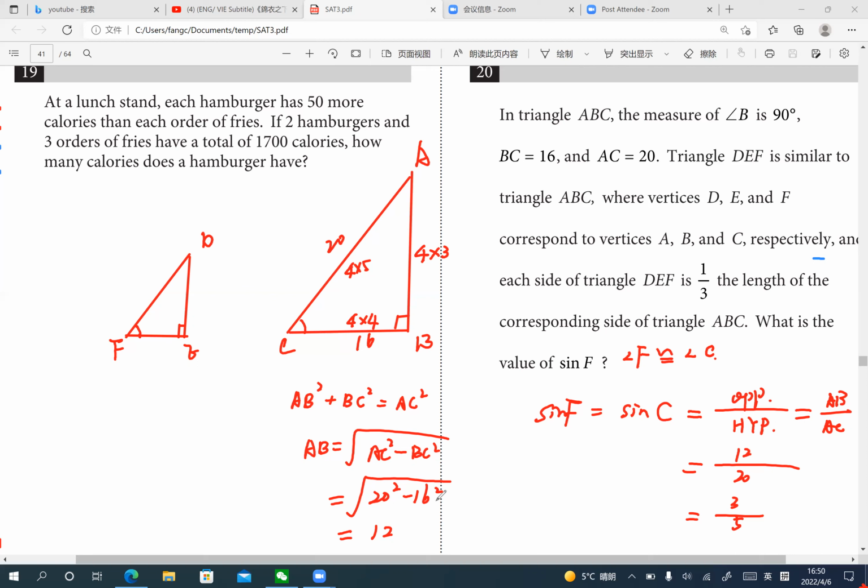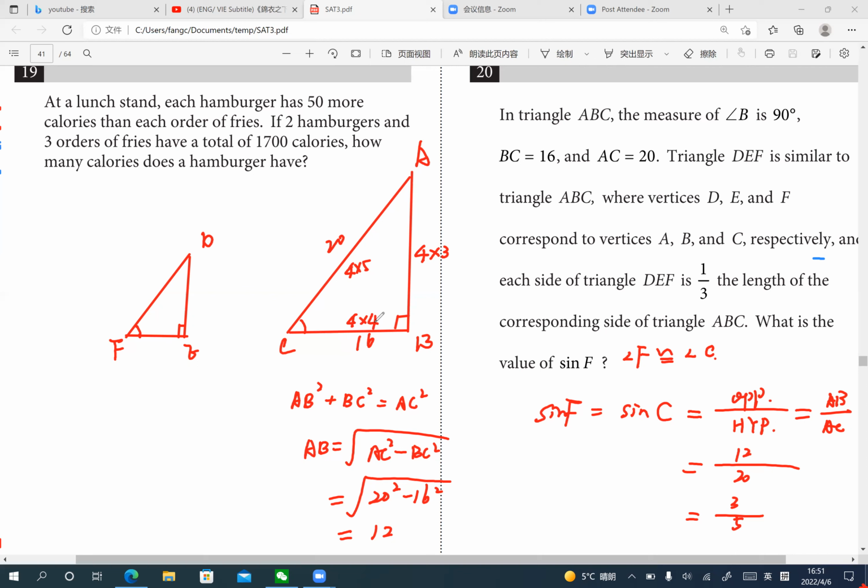Another way to find the value of AB is easier. So we see AC equals 20, BC equals 16. And I think we can tell AC, 20, equals 4 times 5, and 16 equals 4 times 4.